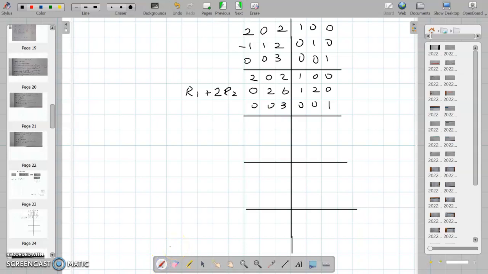So we're going to do row 1 becomes 2 row 1 minus 3 row 3. Okay, and that will give us minus 6, 0, 0, minus 3, 0, 2, and let's fill in the rest. We got 0 2 6, 1 2 0, 0 0 3, 0 0 1.